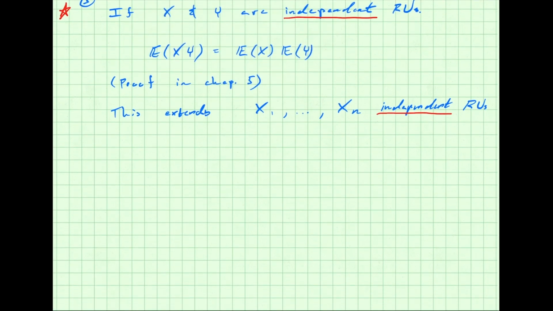Then the expected value of the product of all of them is the product of the expected values. So let's write that: the expected value of the product of the xi's is the product of the expected values.